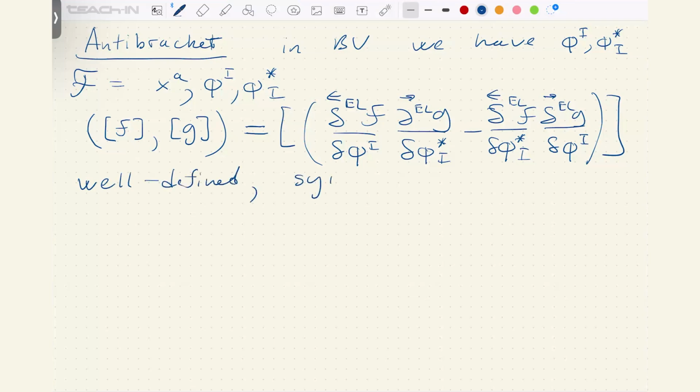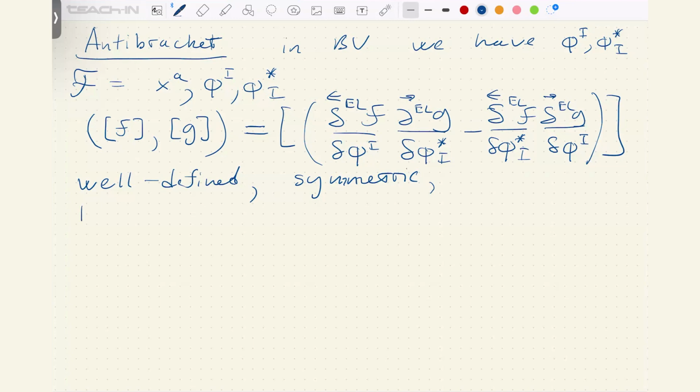It is symmetric because the symmetry is the same. But we can't speak about a Leibniz rule because we can't multiply local functionals. That's a very important point, by the way: local functionals you can't naturally multiply. But you have an anti-bracket on equivalence classes.